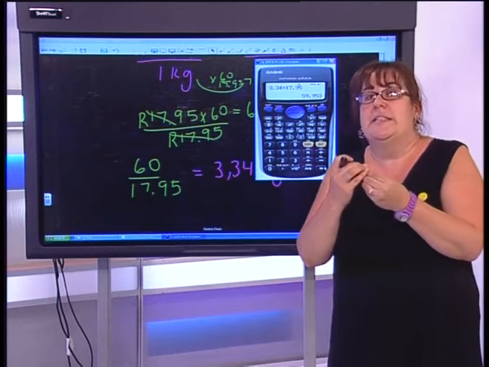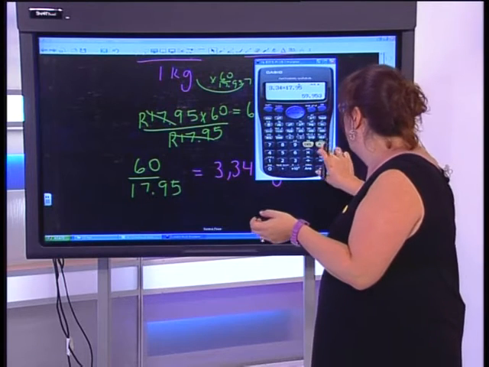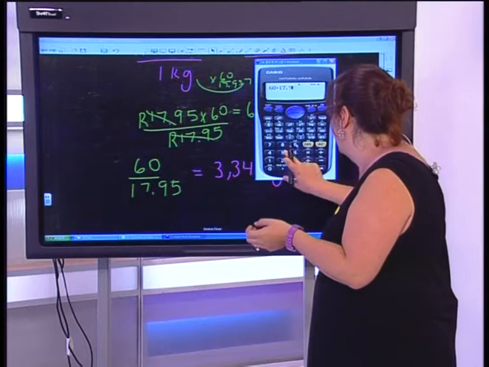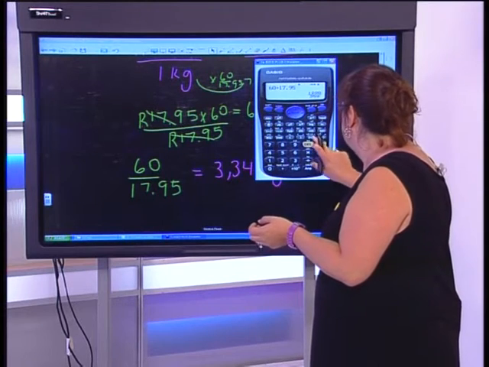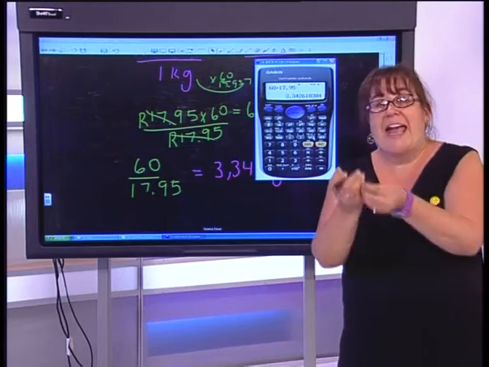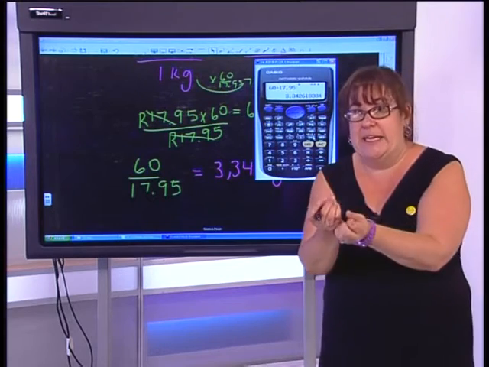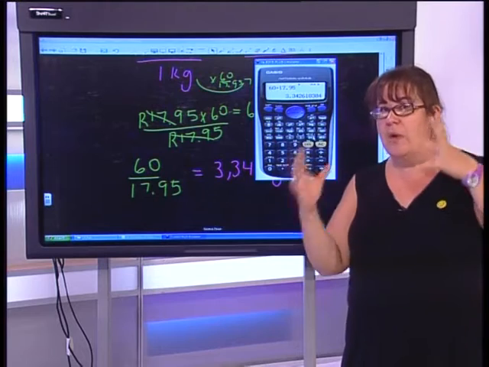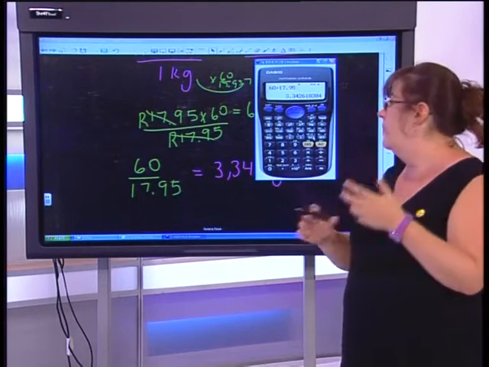But if I rounded this incorrectly, and I'm going to go back to that solution we had, we had 60 divided by 17.95, and then answer 3,34. If I round it to 3,35, she actually doesn't have enough money to round up. So you've got to be aware when we're rounding, whether we're rounding up or we're rounding down.